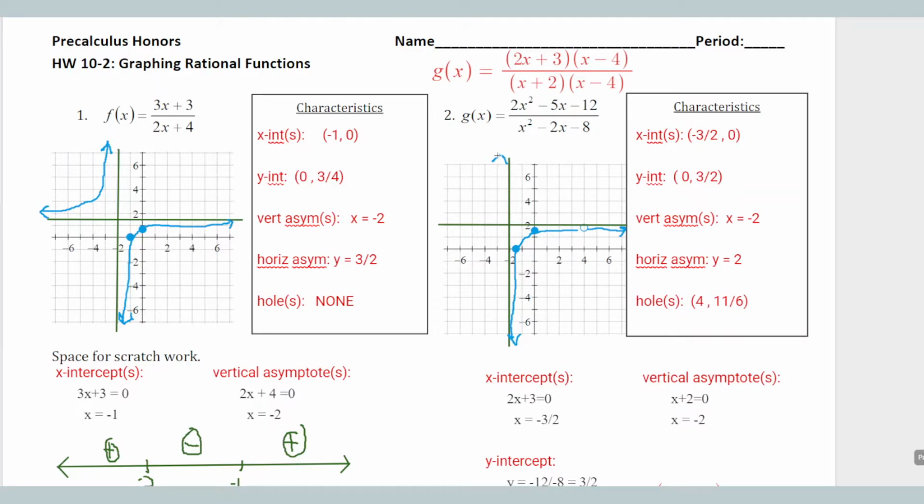So notice I'm kind of bypassing the whole number line thing. You're allowed to do that as long as you think through logically, could it actually be on this side? And the answer here is no. So here's the graph for number 2. And that's it. Let's move on to number 3.